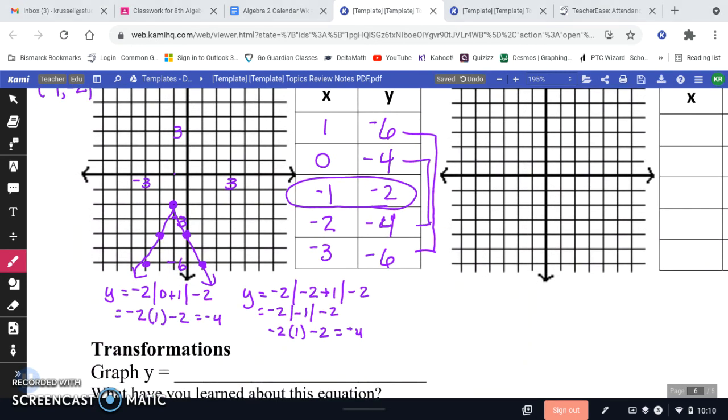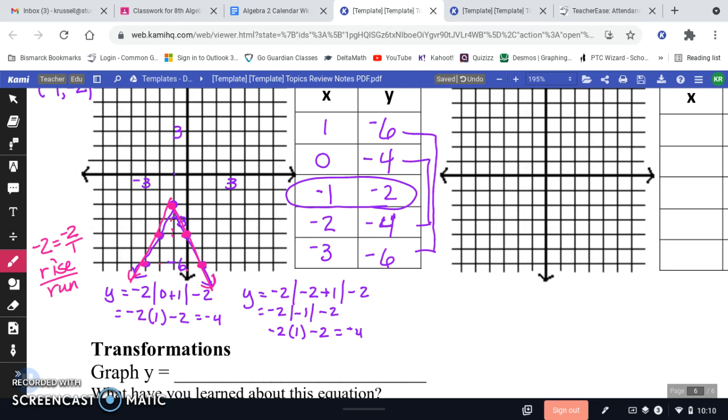If you think about that -2 as -2 over 1, and think about slope, rise over run, once I have that vertex, and I go down 2 over 1, down 2 over 1, there's half of my absolute value graph. And because absolute values are symmetric, if I go down 2 and then go 1 the other direction, again down 2, 1 the other direction, there's my other half of my absolute value graph.